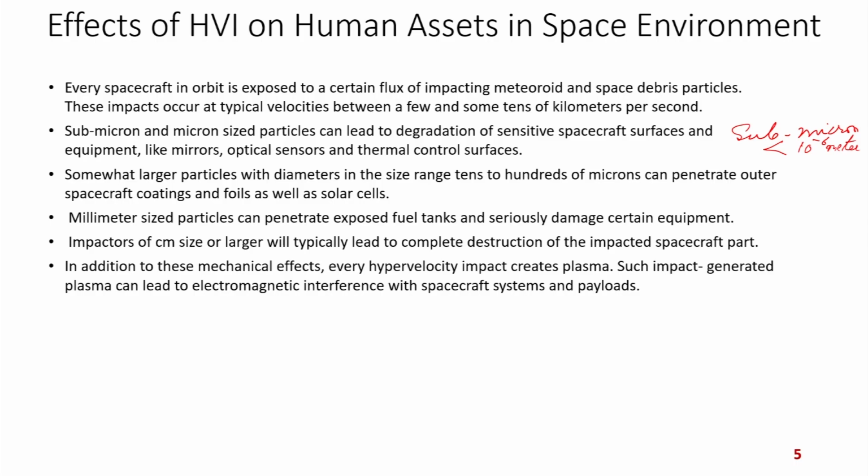Moving plasma means moving charged particles, which will give rise to current and associated fields, and these will create interference. That is why they are called electromagnetic interference, or EMI, and it can affect spacecraft systems and payloads.